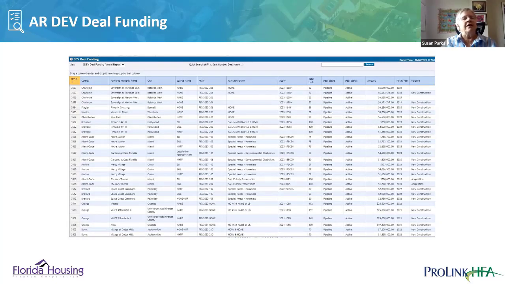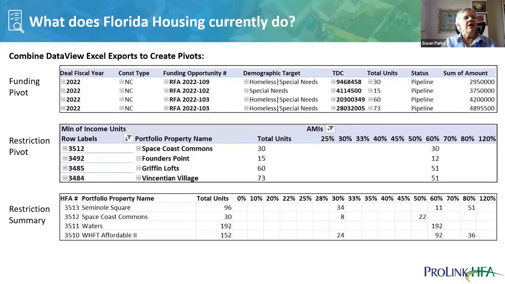If you go to the next screen, you can see that we use pivots to combine information about different funding types and the restrictions. One of the things that Danny was talking about was that you get multiple lines for the different kinds of funding types or the different restriction categories.